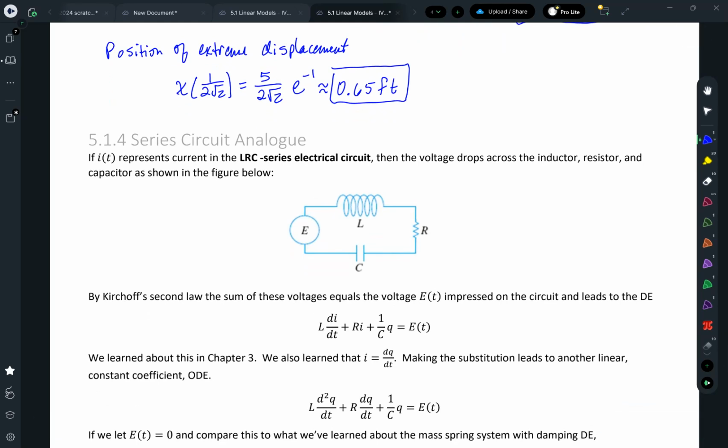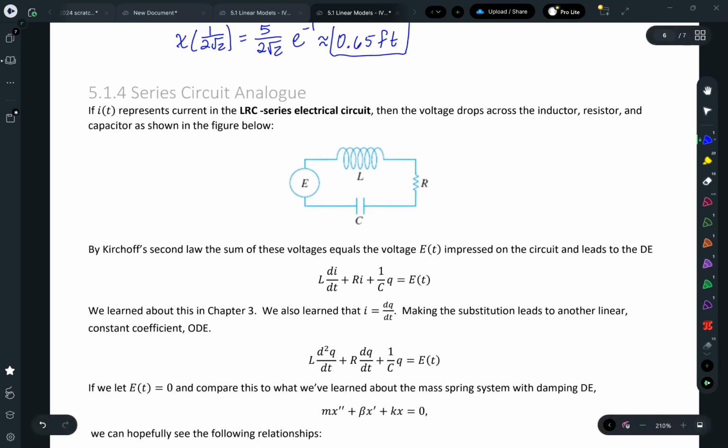Okay, so we have a picture of a circuit with an inductor, resistor, and a capacitor. By Kirchhoff's second law, the sum of these voltages is going to equal the voltage E(t) impressed on the circuit, and it leads to this first order differential equation here.